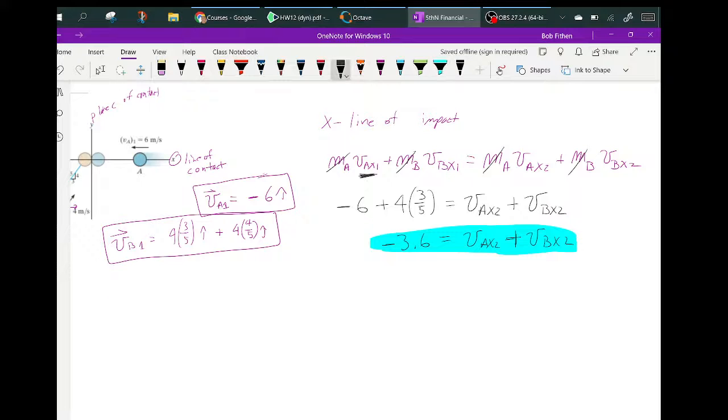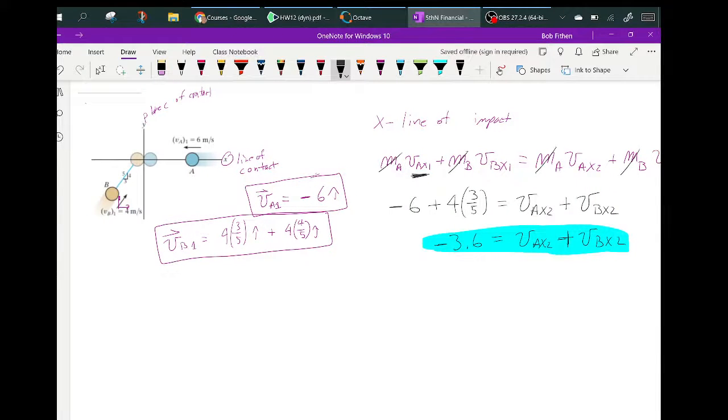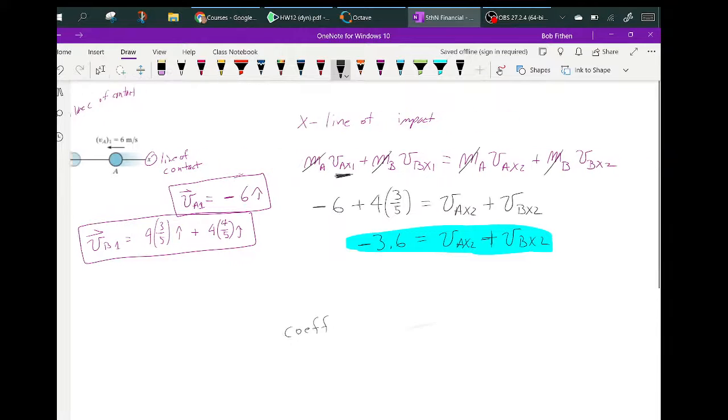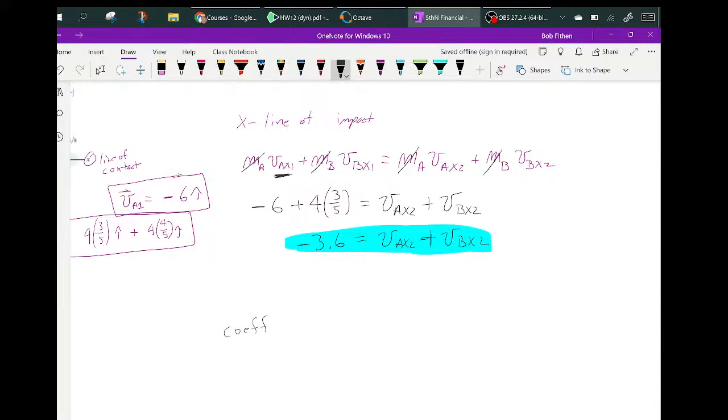Okay, so now let's move to this concept of coefficient of restitution. How can I remember this? Let me give you a tip. Okay, so here's the earth. Here's a tennis ball.